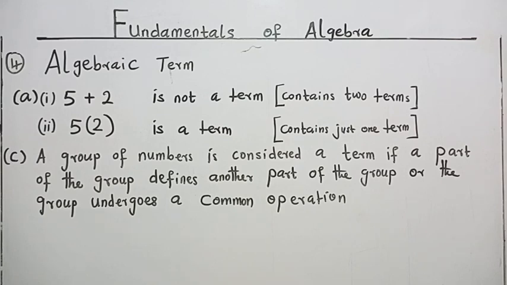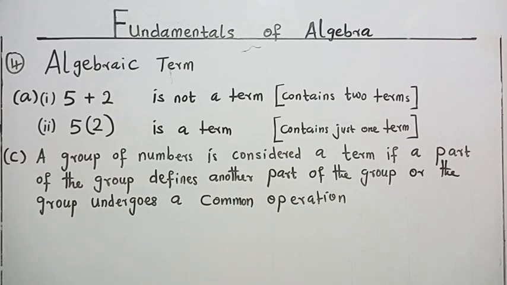and 5 brackets 2. Recall I said that this 5 brackets 2 is a term. That is, the two put together is a group of numbers, and the two are considered as one number. But in the case of 5 plus 2, it is also a group of numbers, but the two are considered separate numbers, not one.